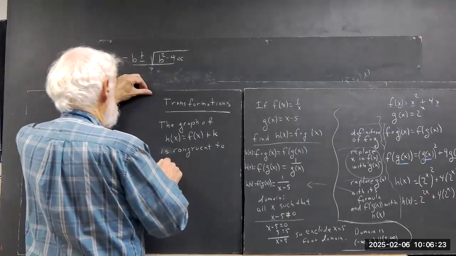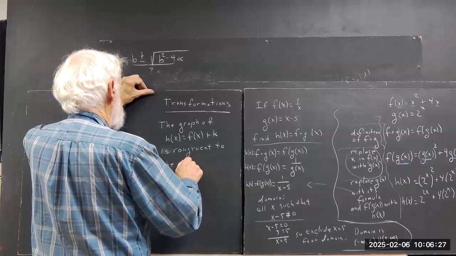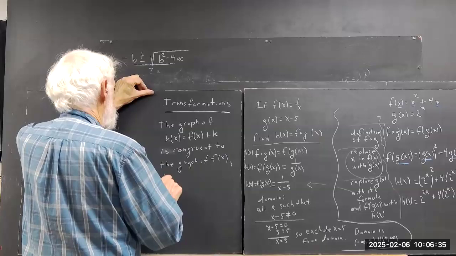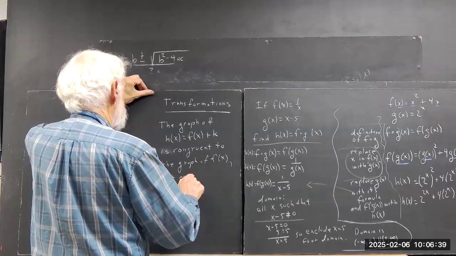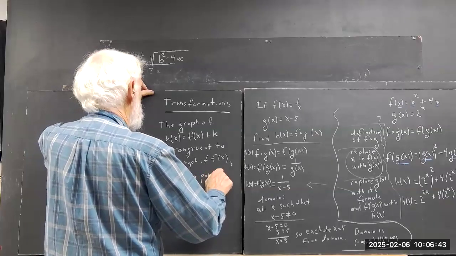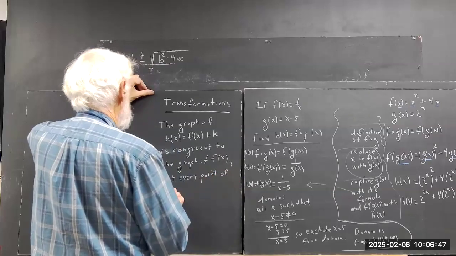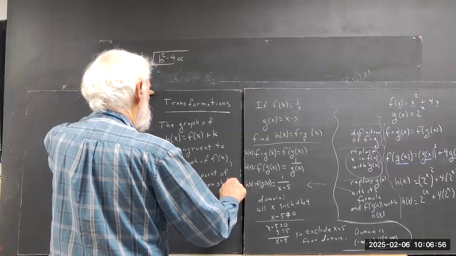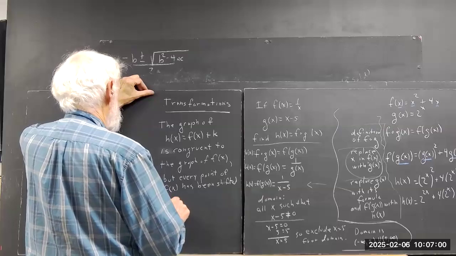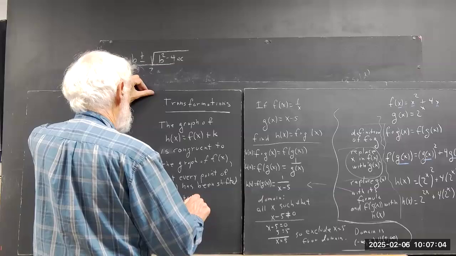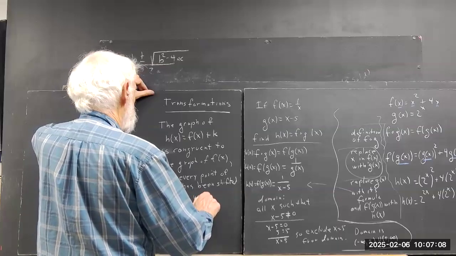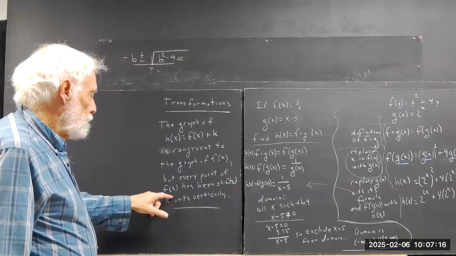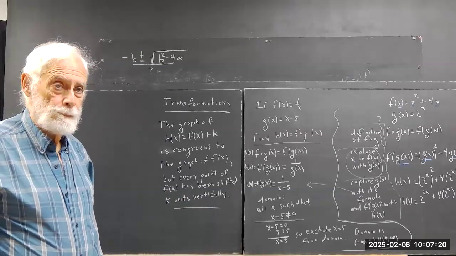So this graph is congruent, and a lot of words here, congruent to this graph, such that every point of f of x has been shifted k units vertically.